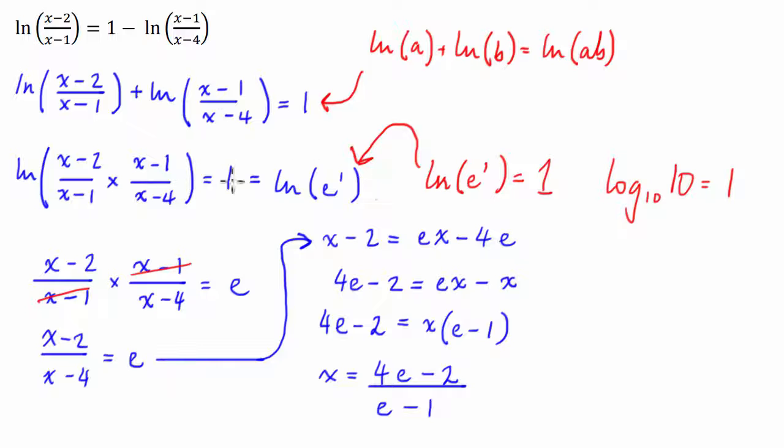I was then able to replace 1 with the natural logarithm of e, because the natural log of e is equal to 1. Because I have the natural log of two things on both sides of the equality, I could then just equate what was inside the brackets. After that, it was just a case of solving using quite basic algebra until we got to the end solution, which is here.